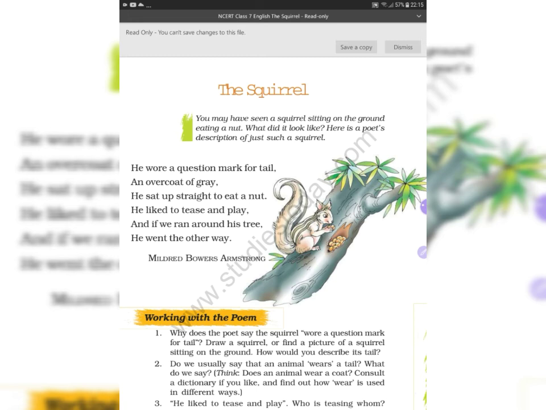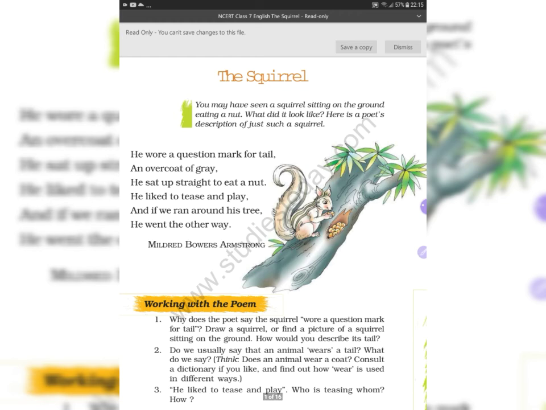So when we go near that squirrel, the squirrel gets scared of us and runs here and there in different directions. Sometimes even squirrels love to play with small kids. If that kid is alone, if there is no gathering or crowd, then the squirrel itself loves to play with them.